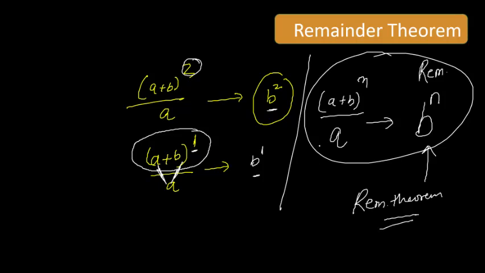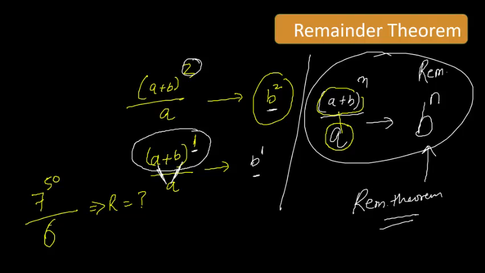Whenever a question is asked that divides some power of a number by some number and asks you to find the remainder, what should be your approach? If your denominator is a, this part should be (a plus b).